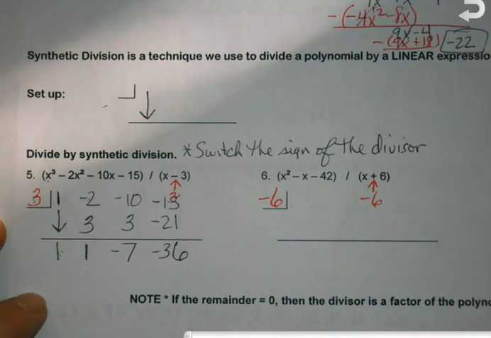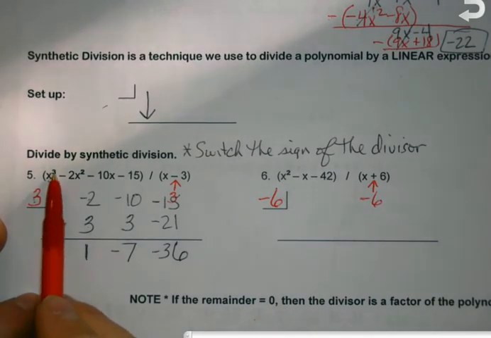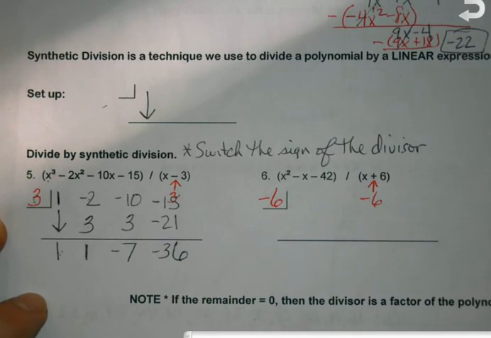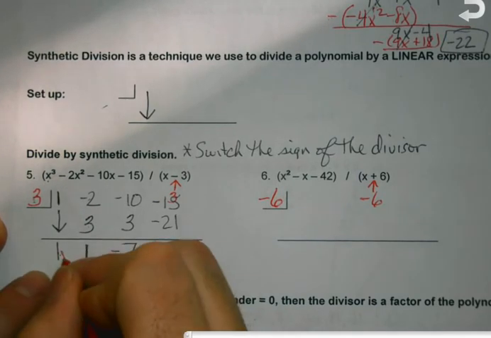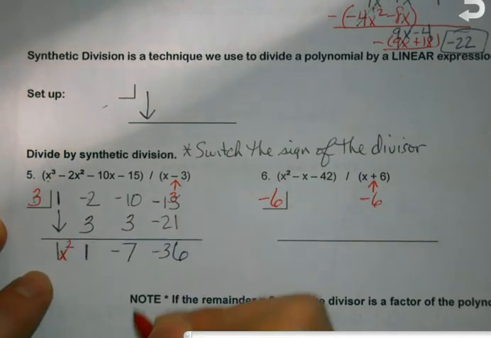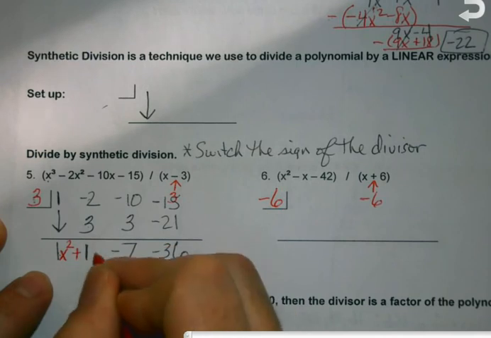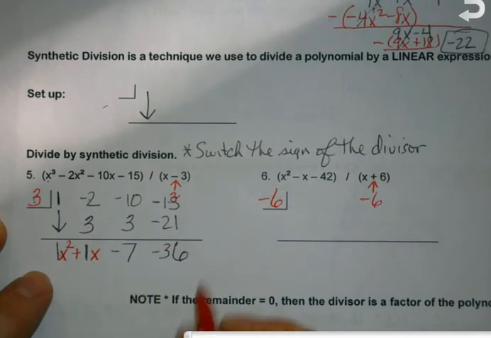Okay, the variables come back in with one thing to pay attention to. What's the largest variable you see in the original problem? That's x cubed. Okay, we go down 1 degree. So x squared, then x.